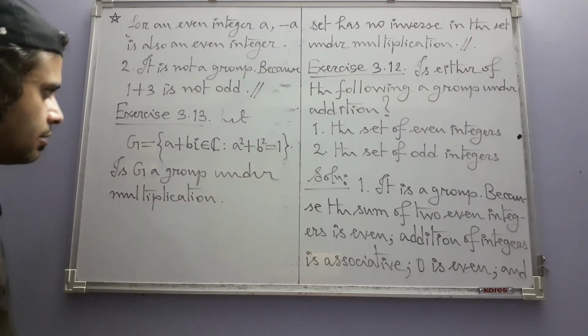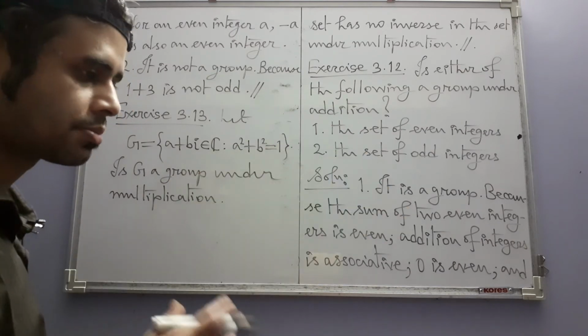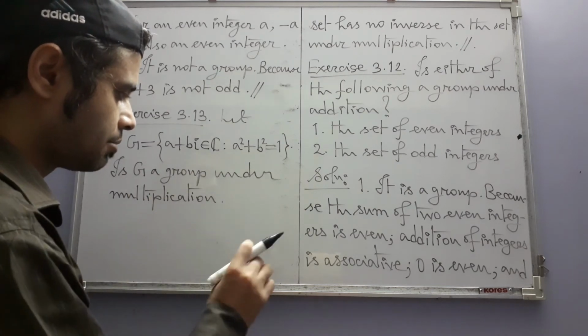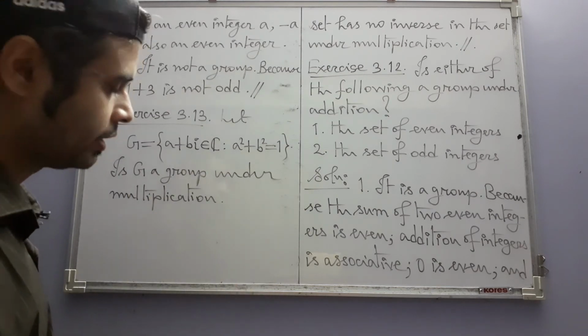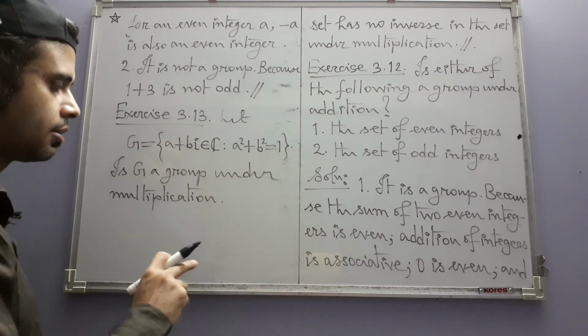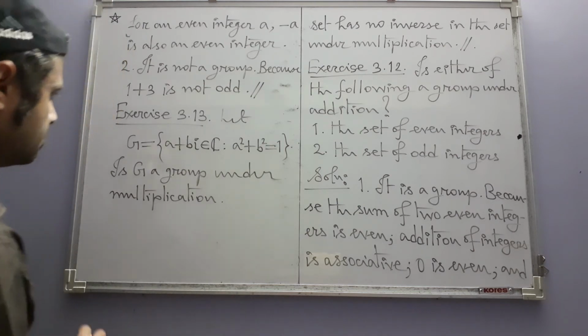In fact, pictorially, if you think of the complex plane in which you represent each complex number as a point, then this set is your unit circle centered at the origin and having radius 1.